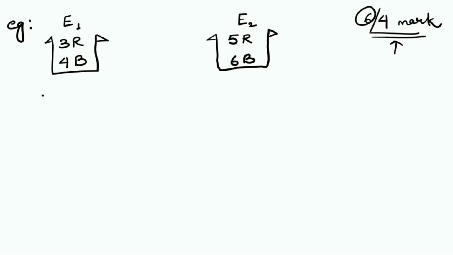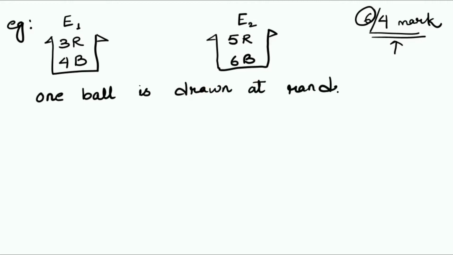Now I put them in a big bucket and cover the bucket. Then one ball is drawn at random from there. These are random experiments, so whatever steps you take will be random.